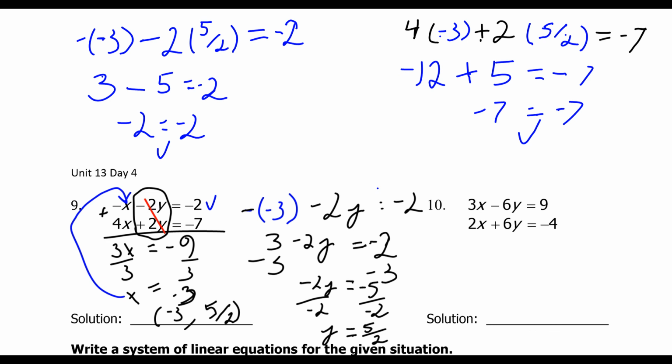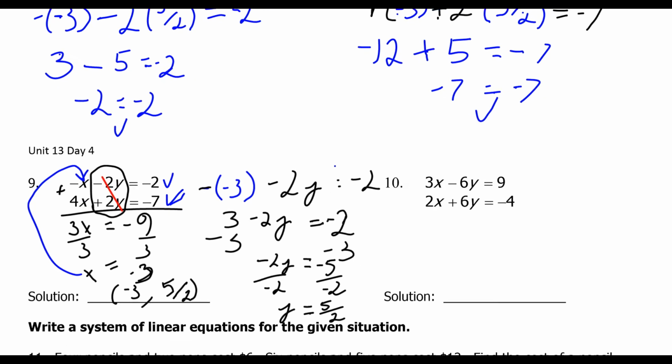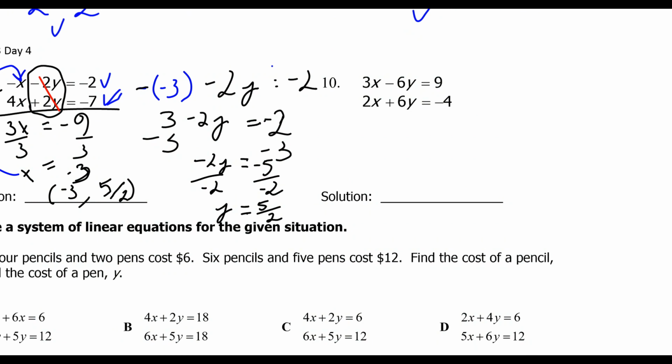What should we use as our zero pair? The best bet for making a zero pair is going to be the set of 6's right here. We have a minus 6y and a plus 6y. As you can tell, those are going to cancel.